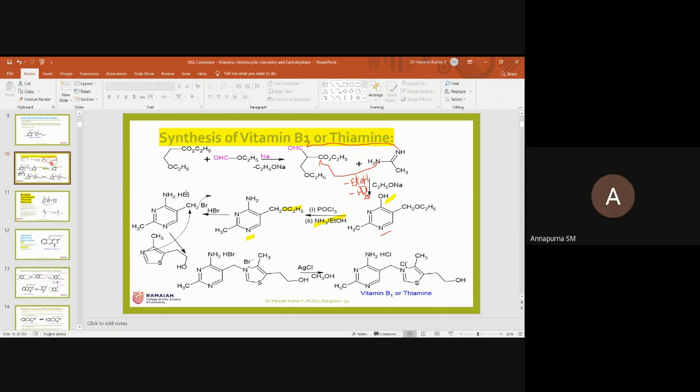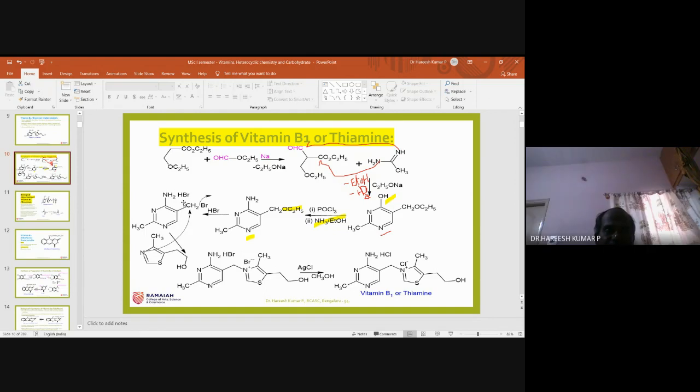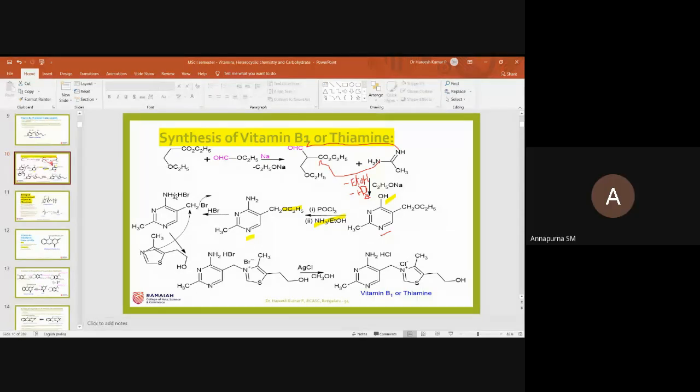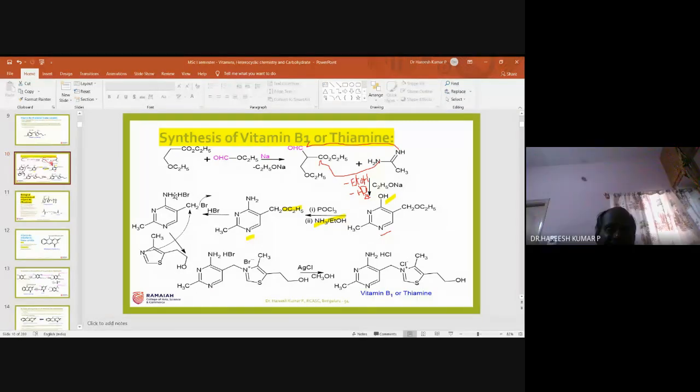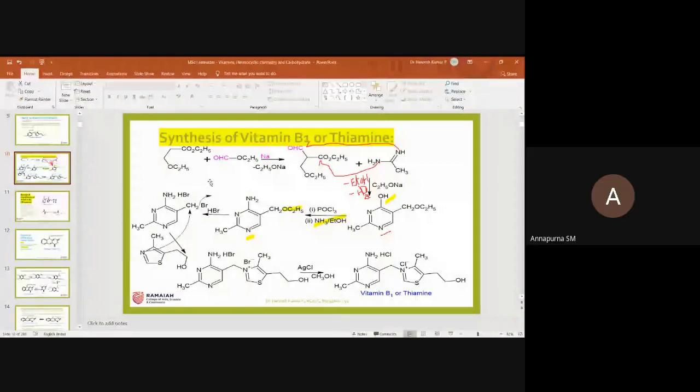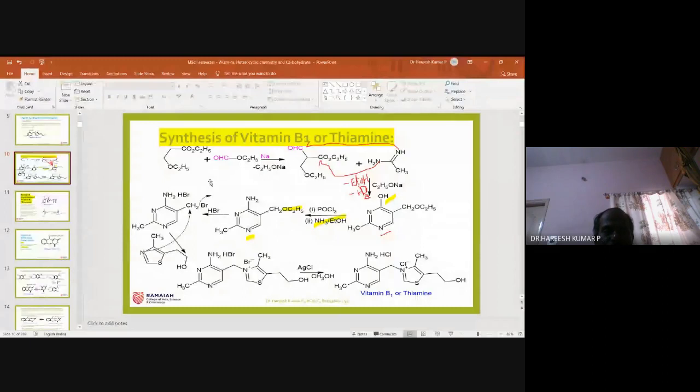What kind of bond is there in between them? It's an ionic bond. So NH3 plus, Br minus. It's a salt. Similarly, this is also a salt, an ionic bond.